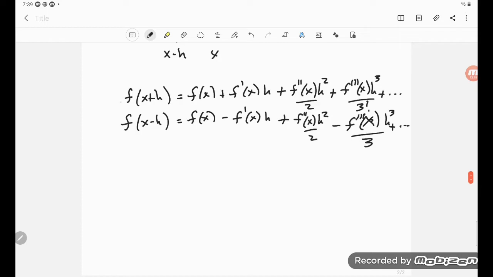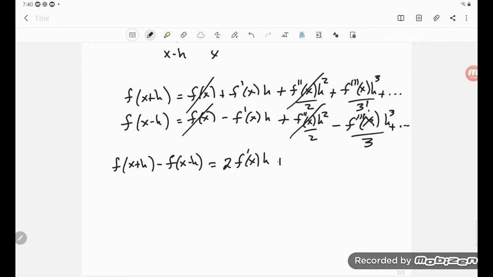Now notice though, if I take f of x plus h minus f of x minus h, in that case, those cancel when I subtract, and here I'll get 2 f prime of x h. Then those will cancel, and I'll get plus 2 f triple prime of x h cubed over 3 factorial. And then plus some other stuff.